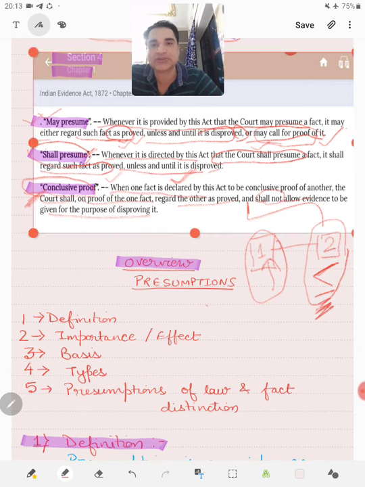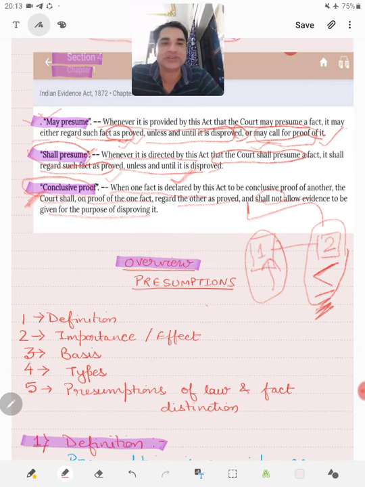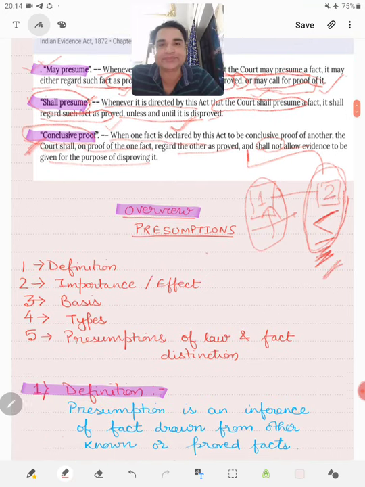But in case of conclusive proof, if one fact is said to be the conclusive proof of another fact, once the first fact is proved, the other fact will be taken to be proved, and the court will not allow any evidence to be given for the purpose of disproving it.